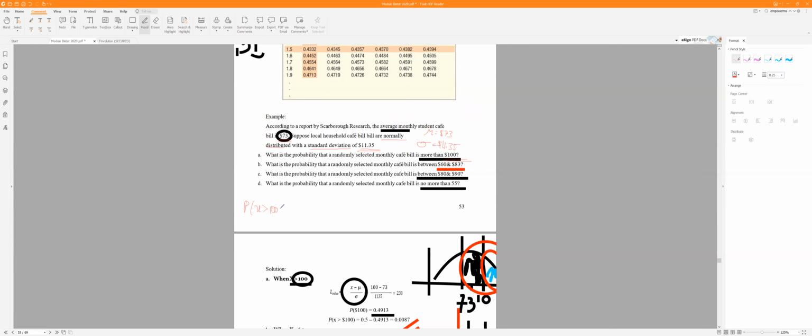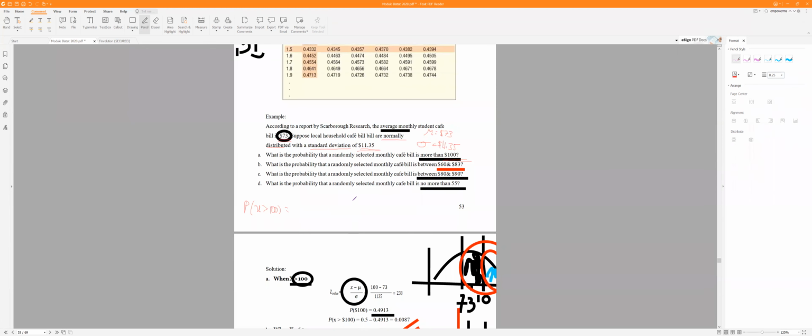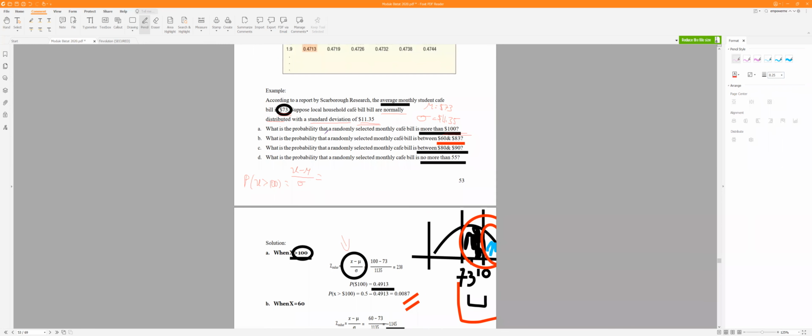So how are we going to do that? You have to convert it to a Z value. If you're converting it to a Z value, you use this formula: X minus mean, divided by standard deviation. What is the X? The X is the certain value that you are given in the question.